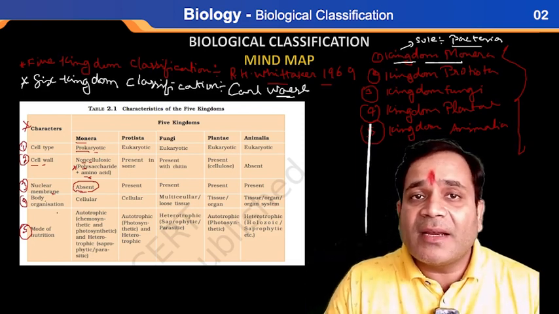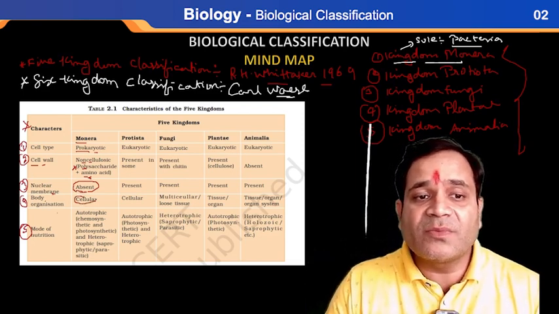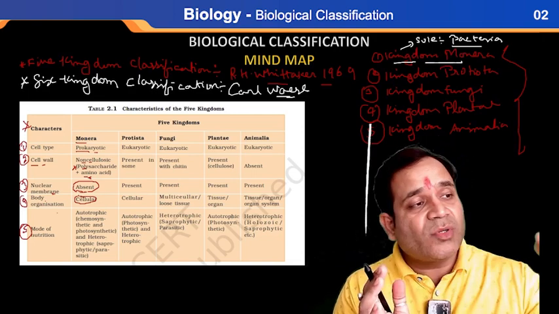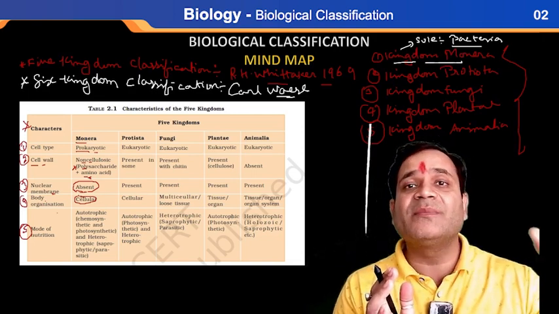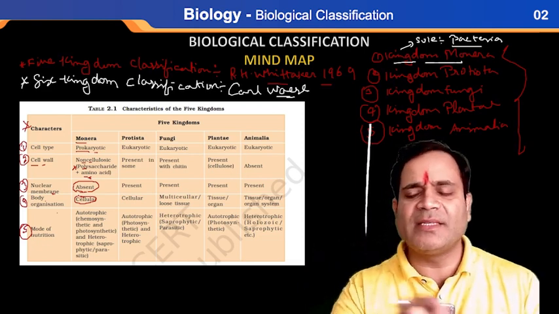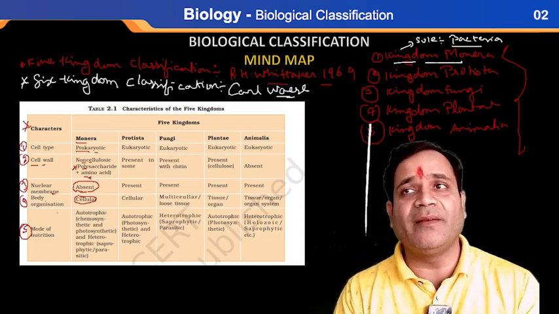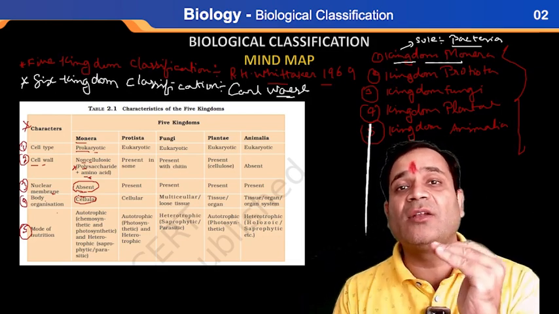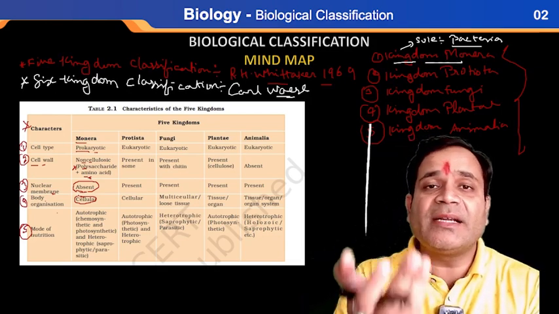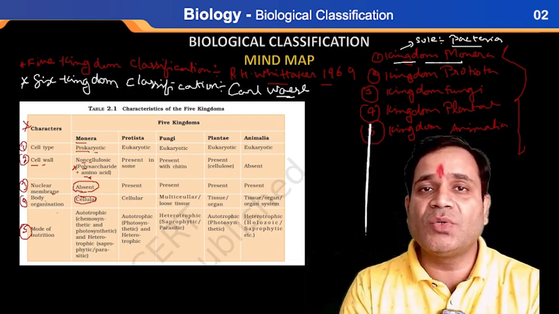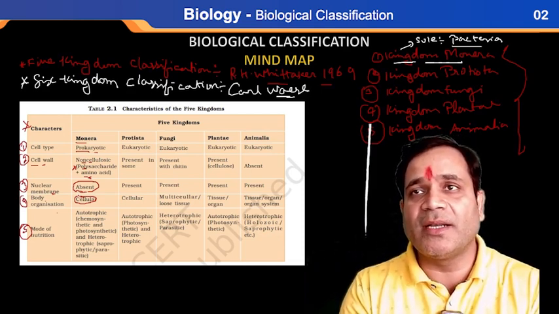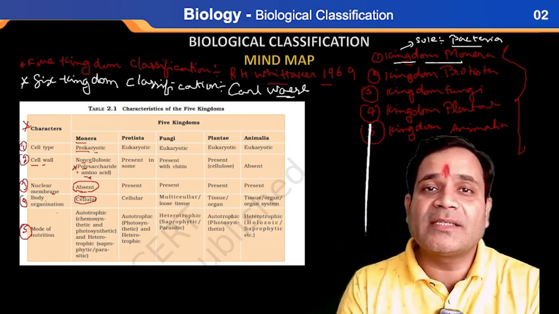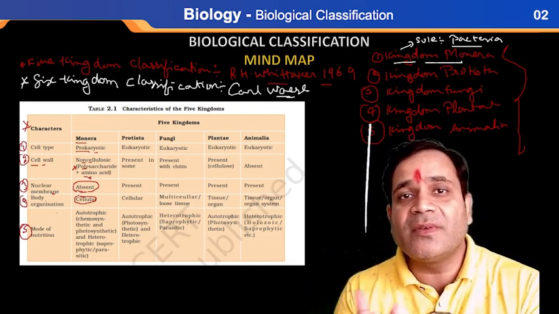What is the body organization there? The body organization is cellular organization, my dear. If I go to the level of organization of any organism, there are so many levels. Number one, the basic level is the cellular level of organization. After that, tissue, then organ, then organ system, then organism, then individual, then population.